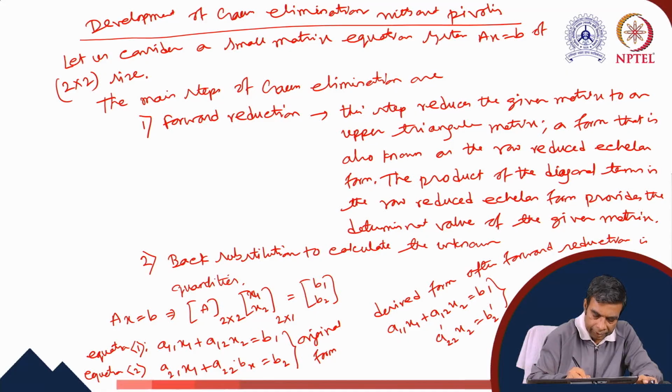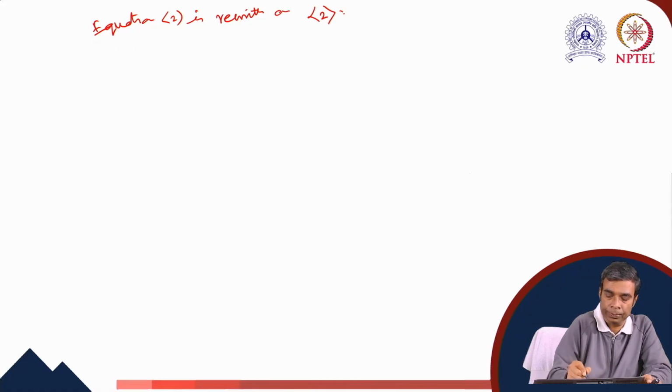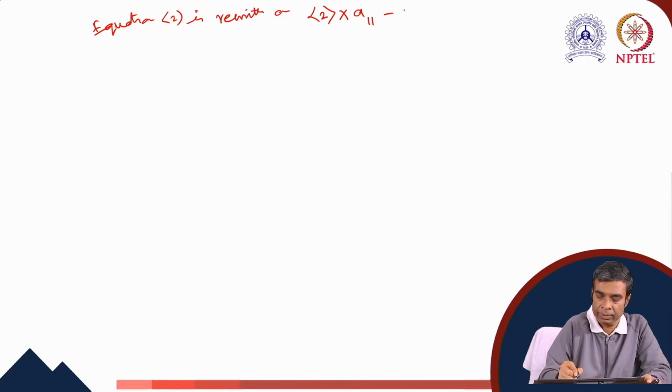Here this is x2. Equation 2 is rewritten as original equation 2 into A11 minus equation 1 into A21.